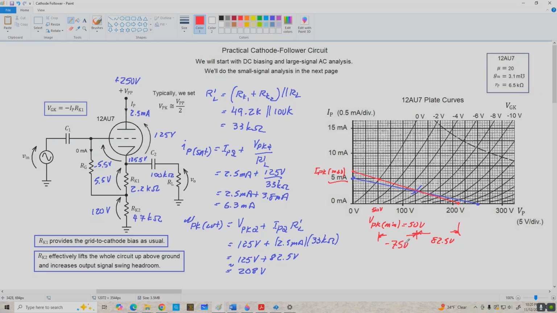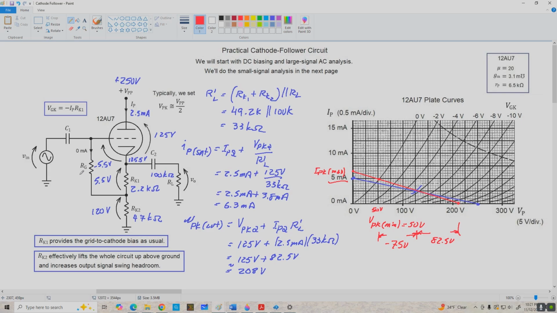Now, our next step is to do the small signal AC analysis of the amplifier, but before we do that, let's look at this equation for R prime L for a second. I've assumed here that our grid resistor is very, very large compared to RK1 and RK2. Otherwise, I'd have to modify this equation and place RG in parallel with RK2 inside here, and that would make this thing really messy.